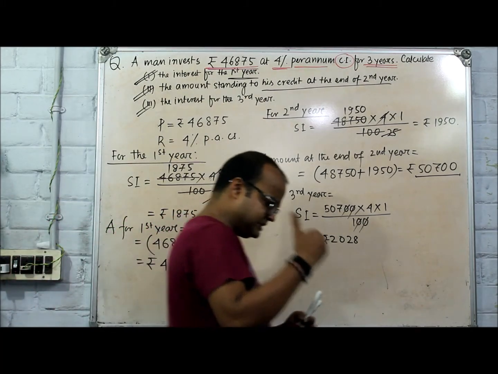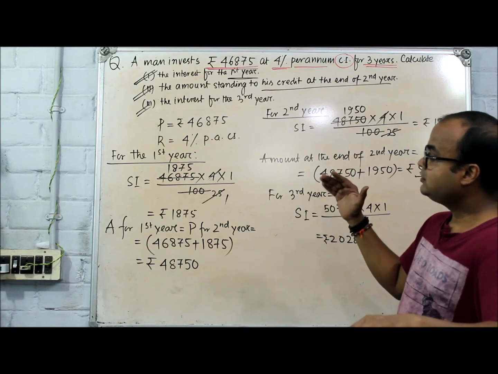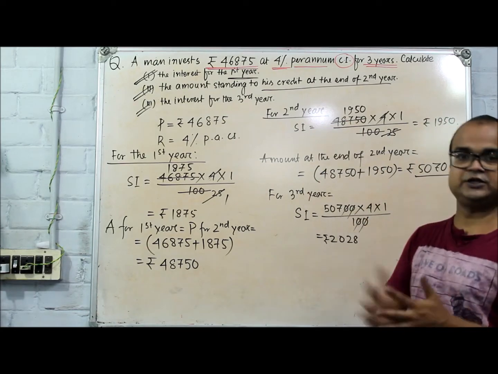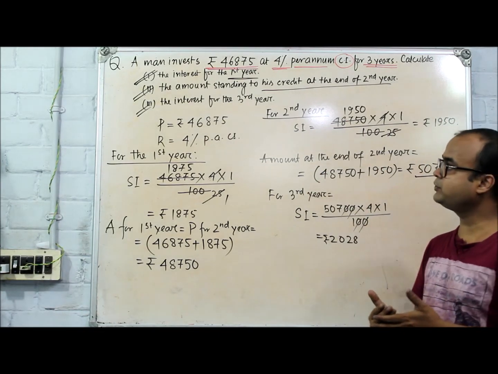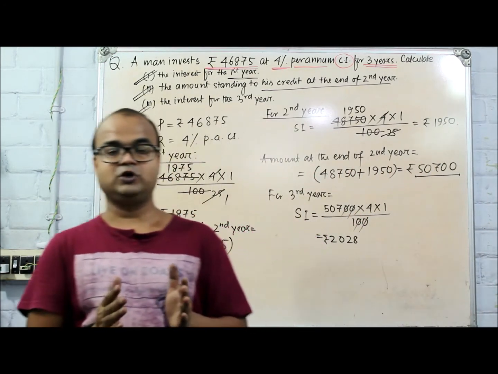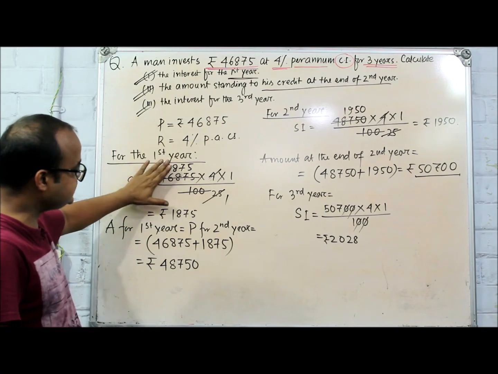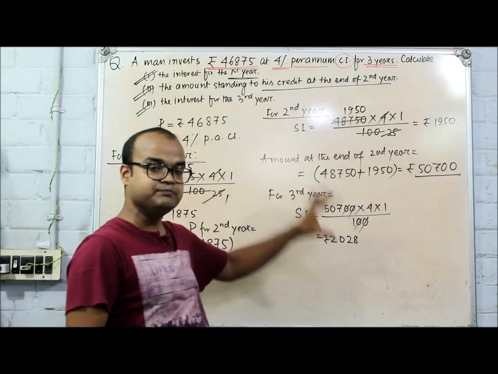Now if I recap the process of how we are going to solve the problem, it is a repeated application of the formula of simple interest. Each time we are applying the formula of simple interest.